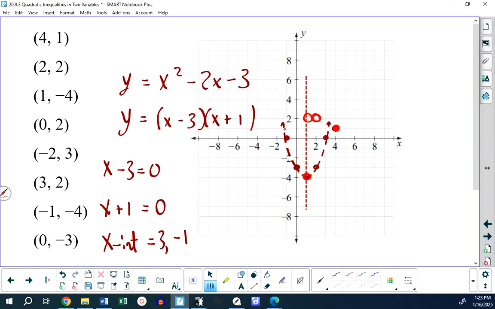Was negative 2, 3 a solution? It was. So when I go up here to 3, this will be a point, which tells me, everybody, that if I were to extend this dotted curve, continuing upwards on the left, it would miss that point.